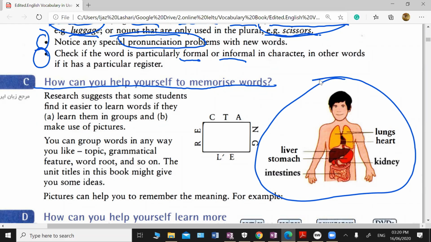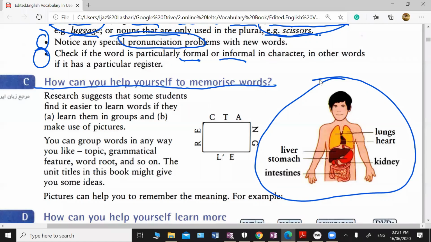Lungs are important parts of our body system. And then there is the heart. The heart is like a circulatory system, if I'm not wrong.